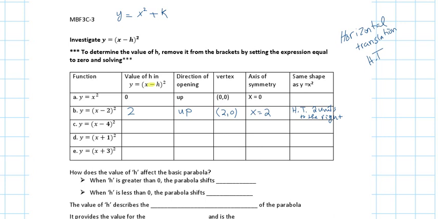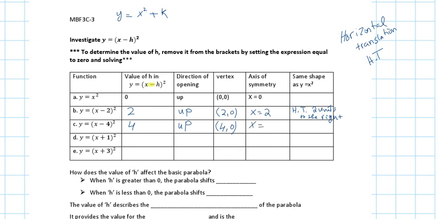How about the C? What is the h value for C? 4. Which direction of opening? Vertex? (4, 0). Symmetry? x equals 4.